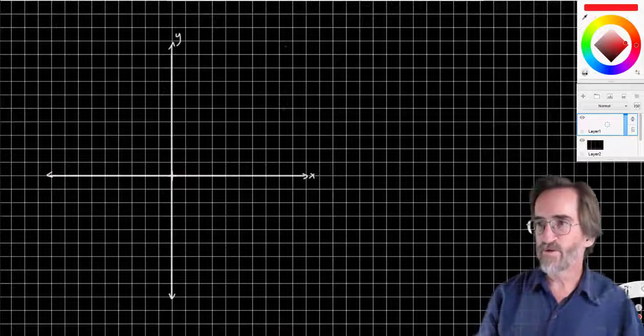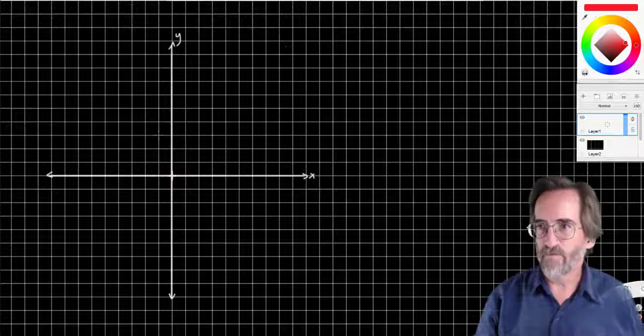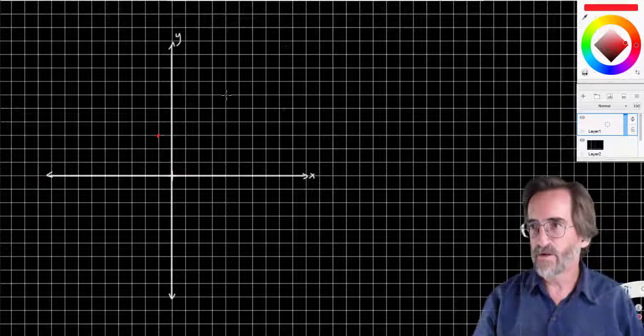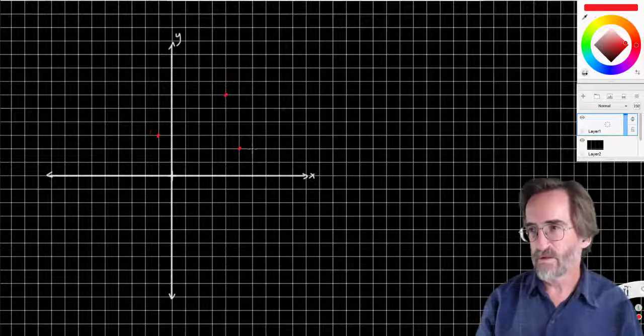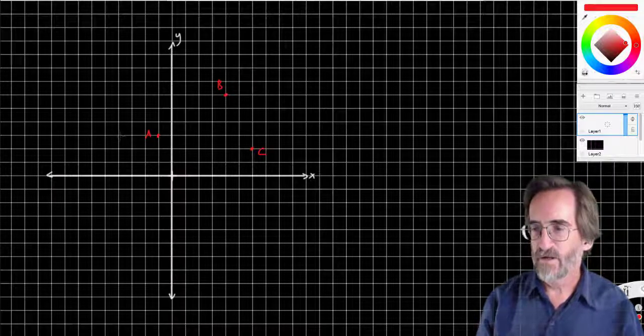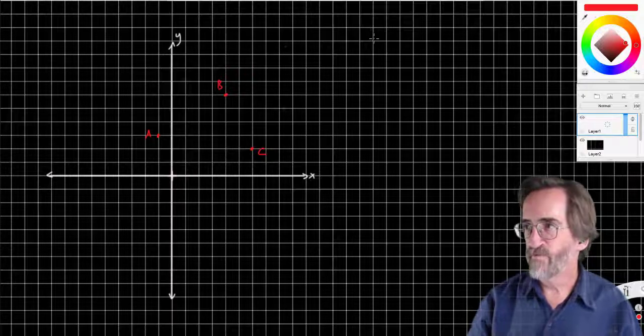And I'm going to start with a triangle here. I'm going to put point A right here, point B right here, and point C right here. Okay, let's put this further out. A, B, C. Coordinates of A are -1, 3.